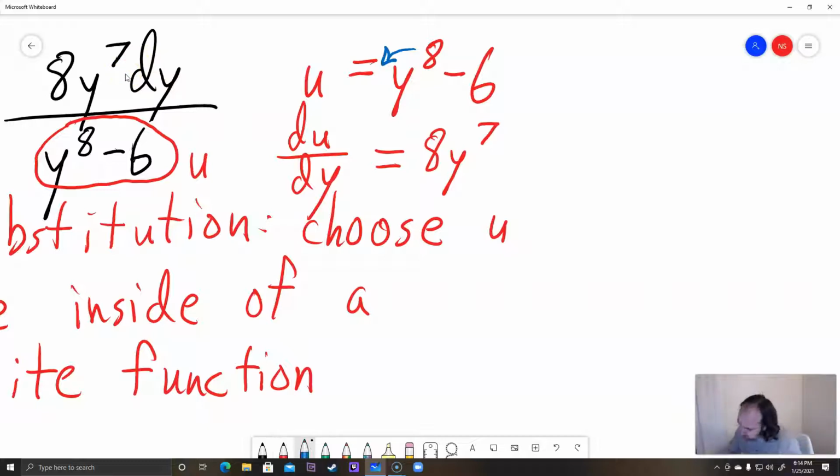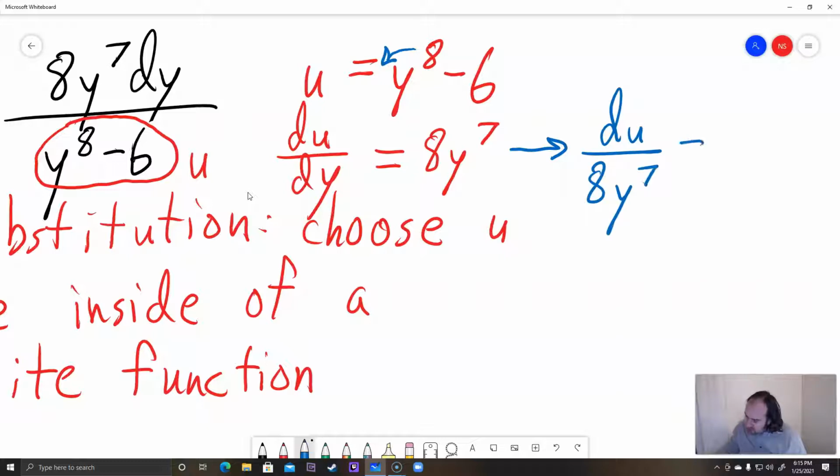If I multiply both sides by dy and divide both sides by 8y to the 7th, I get du over 8y to the 7th equals dy.